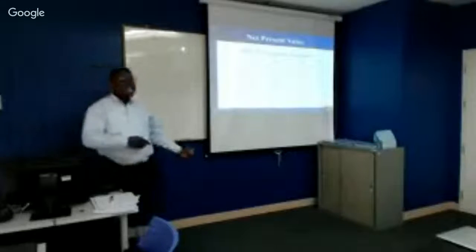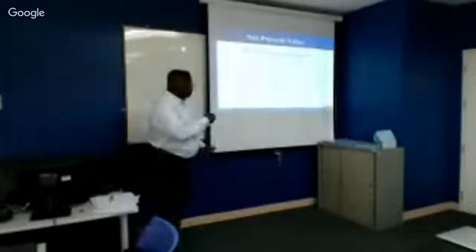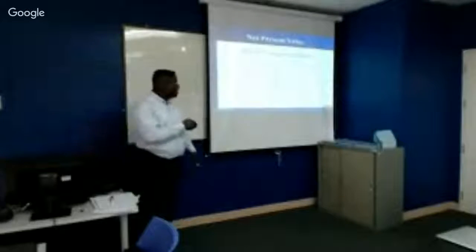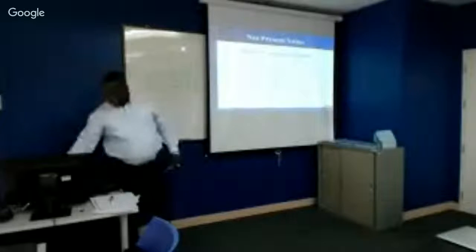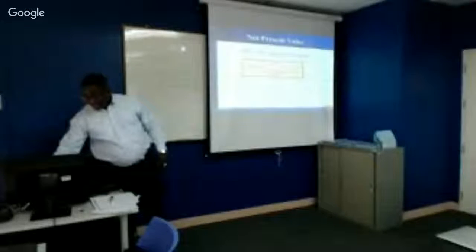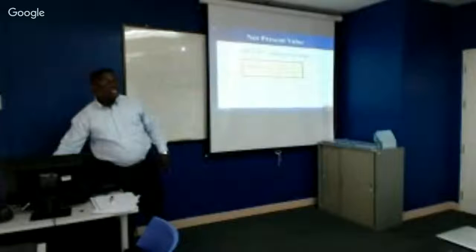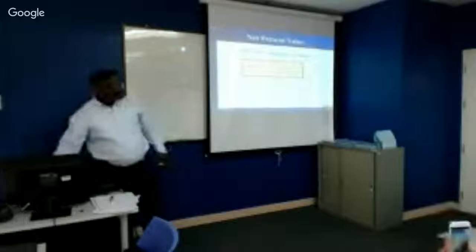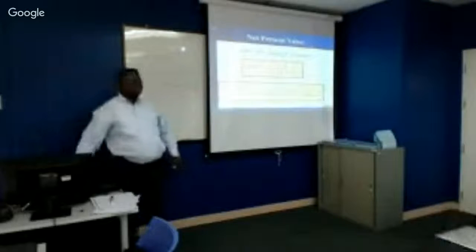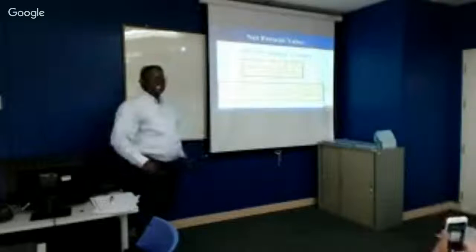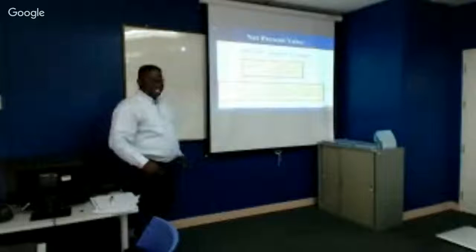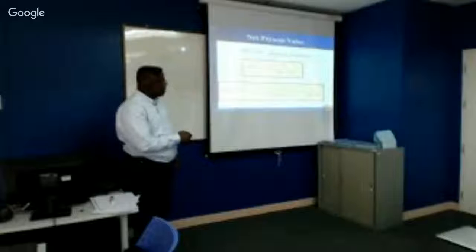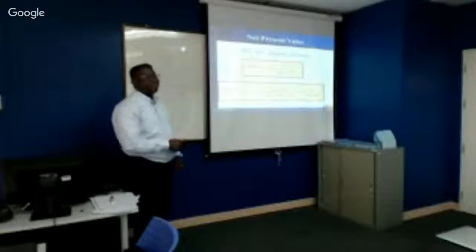So the NPV, this is the formula. NPV equals the PV of the cash flows minus the initial investment. Since you understand, move on with the details. That is for multiple cash inflows into the foreseeable future.